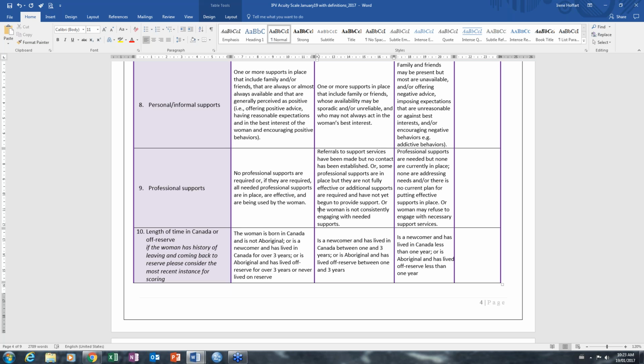This is what her needs are without second stage shelter support yet in place. So hypothetically, when she comes in at intake, she has no second stage shelter support, but we want to understand how much of that she needs. And if she needs a significant amount of professional support that is facilitated through the shelter, then we would put her as 5.